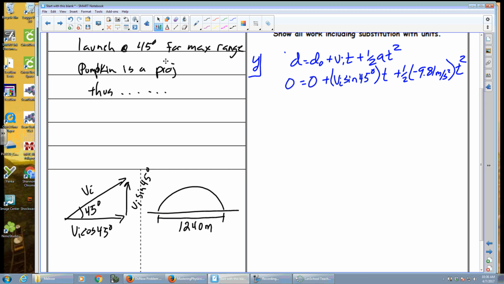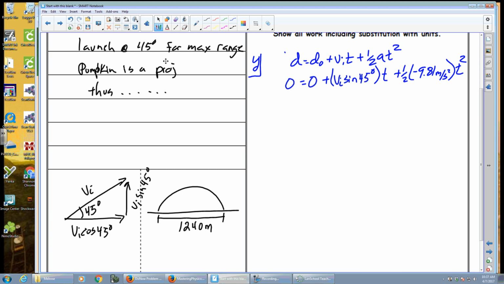Do you notice that I have two variables in there? I've got t and v initial. So can I solve that one equation? No, because I got two variables. Nice thing though is that I could divide every term by t and get rid of my squared.